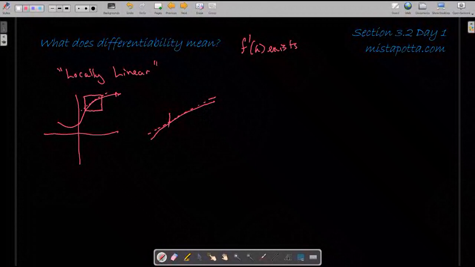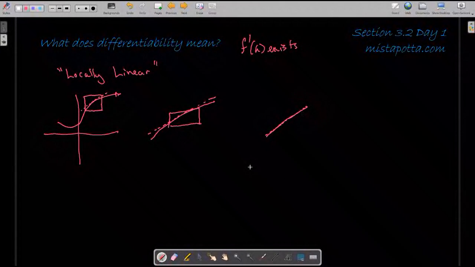And if I continue to zoom in, eventually I'm not going to see much of a difference between the curve and the tangent line. They'll seem to almost superimpose.